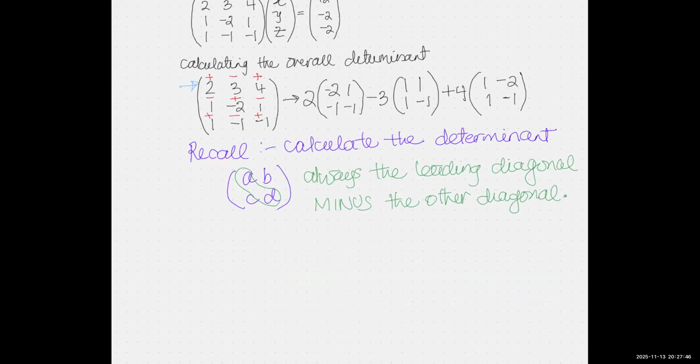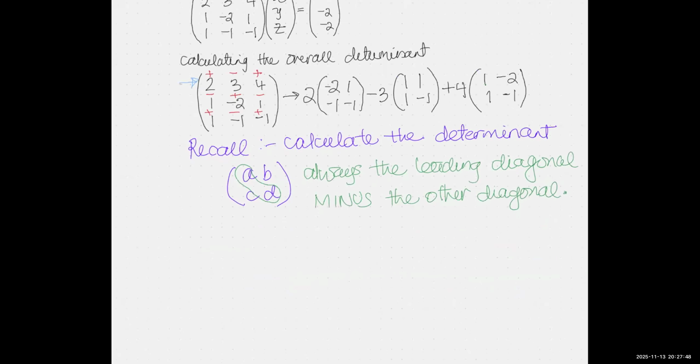A times D minus B times C. Every single time. Anybody remember that from FCM2? Yes, sir. So to calculate the determinant of a 2 by 2 matrix, you're going to be calculating the leading diagonal minus the other diagonal.